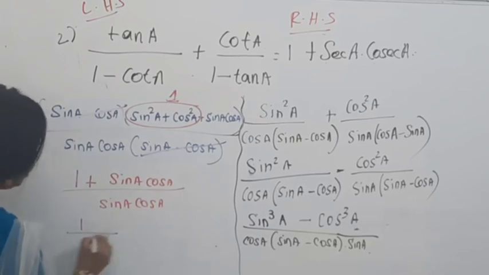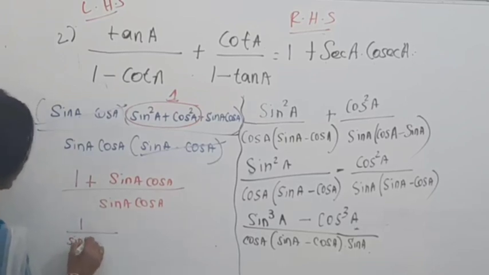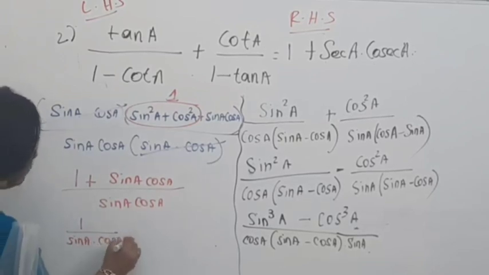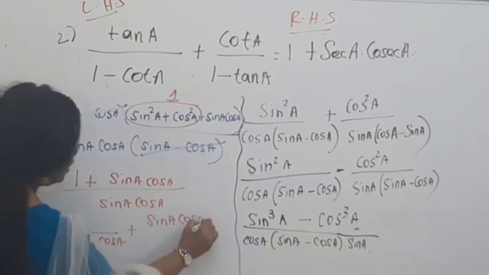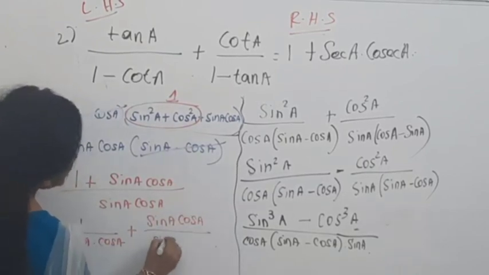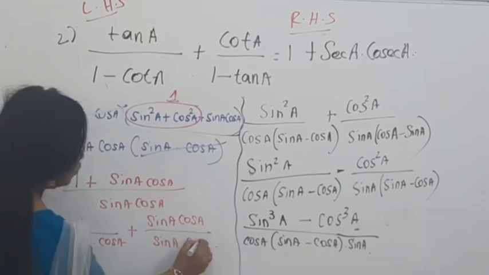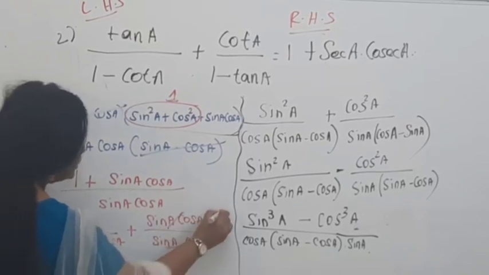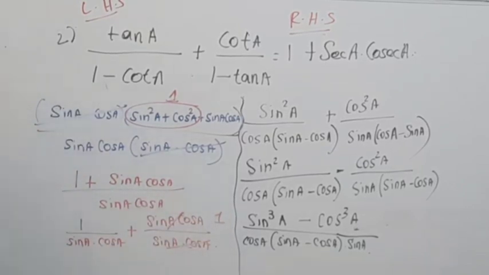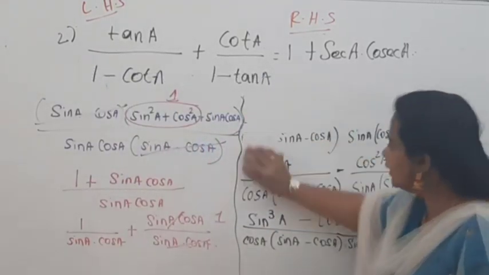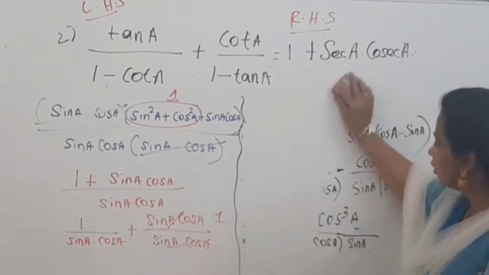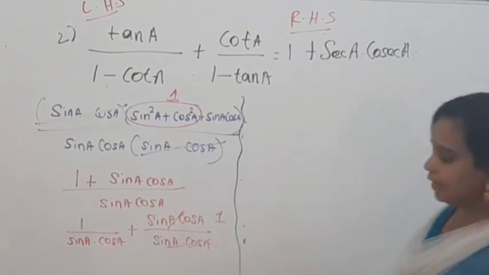So I will have 1 by sin A dot cos A plus sin A into cos A whole thing divided by sin A into cos A. Gets cancelled, this becomes 1 at all. So now this one becomes 1 by sin A into 1 by cos A.